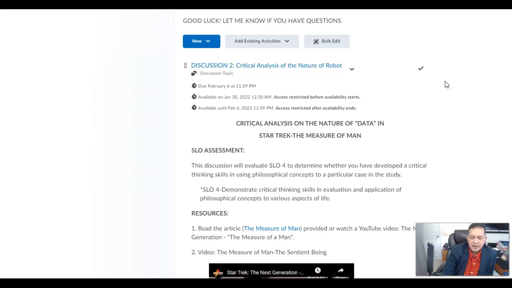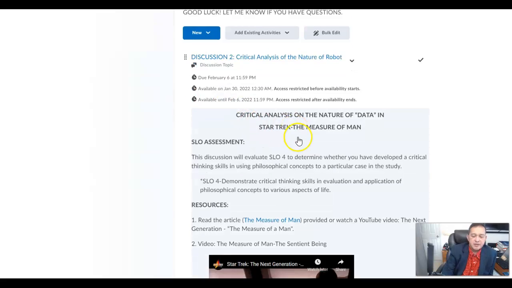How does reality affect the way we understand a thing? So your understanding of reality, what is truly real, for instance, will affect the way we judge robots. How do you judge robots?